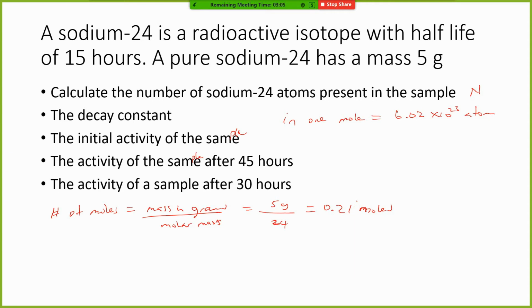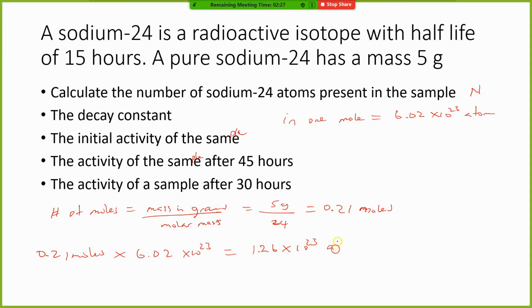So let's see if we can do that. If we say 0.2 moles times 6.02 times 10 to the 23, we are getting that the number of atoms contained in 5 grams of the sodium is going to be 1.26 times 10 to the 23rd power.